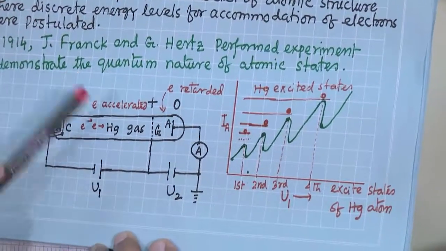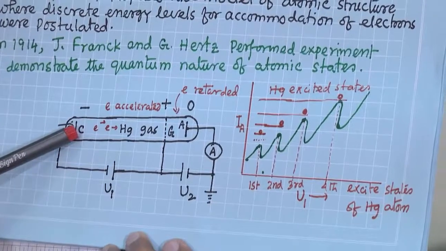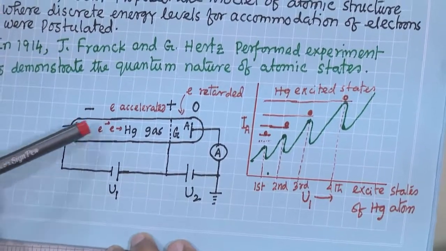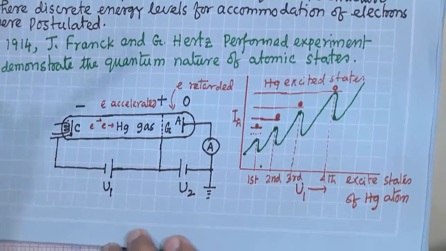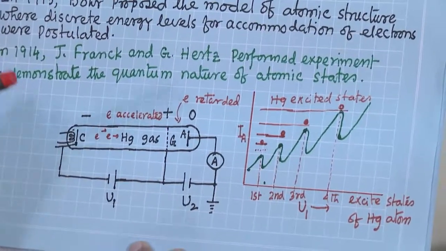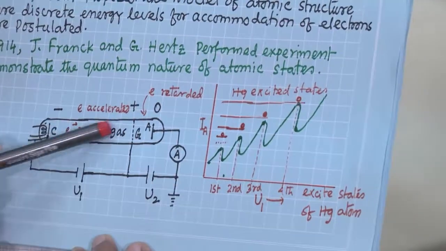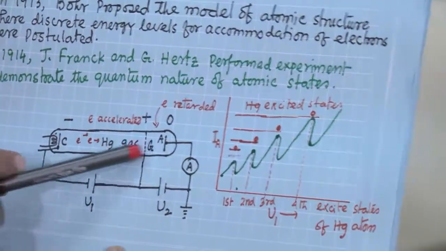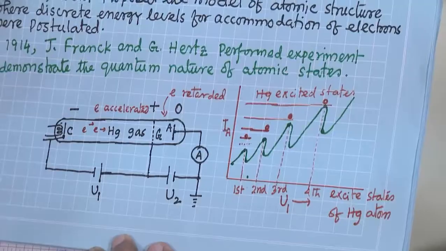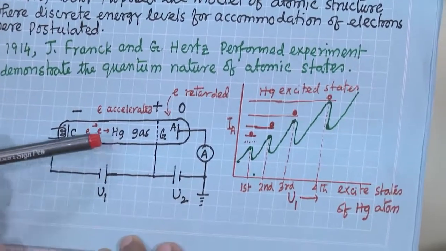Now, the question is that electrons emitted from the cathode will have some thermal energy. With that energy it cannot travel this length if we do not give some external energy.